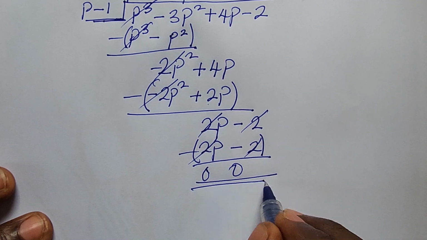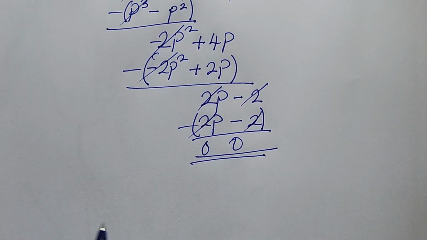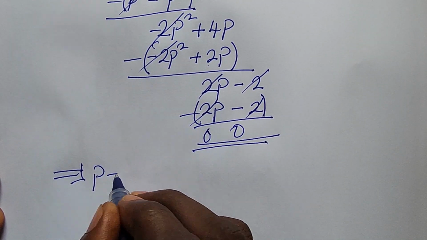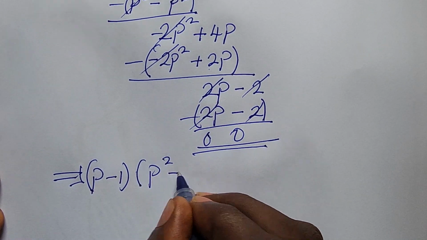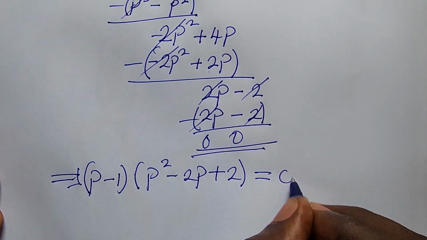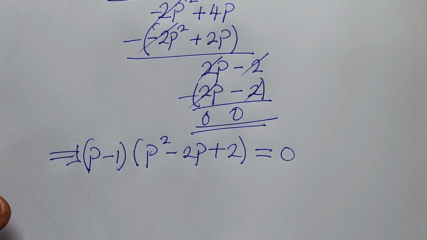At the point where we have 0, 0, let's bring out our quotient. So our polynomial equation thus implies that P minus 1 close bracket, P squared minus 2P plus 2, everything equal to 0. So our case 1 does not have issues because we are having P minus 1 equal to 0.